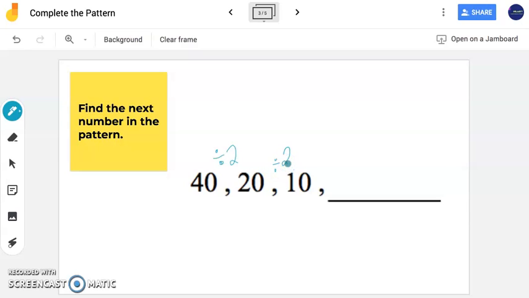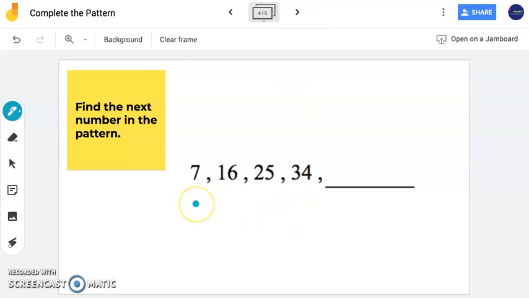So that could be my rule. In fact, I think that is my rule. So now 10 divided by 2 is 5. And that is the next number in this pattern. Once I was able to identify that the rule is dividing by 2, that helps me finish the pattern.